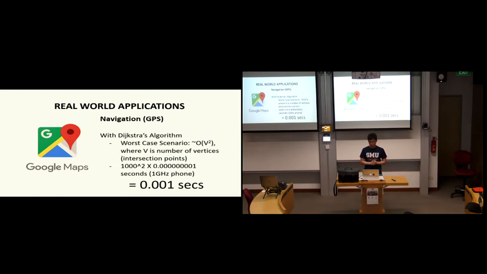Even in the worst case scenario, there'll be at most 1,000 squared calculations times the time it takes to process, so about 0.001 seconds, which is a very fast calculation. It might not give the best solution, because besides the shortest path there may be other things to consider like transport costs. But it's a reasonably good solution and it's quite quick.